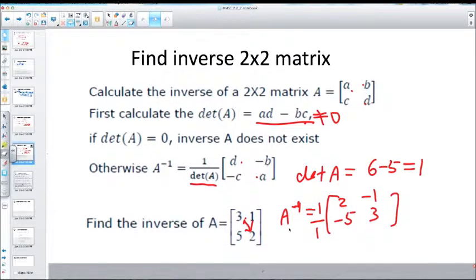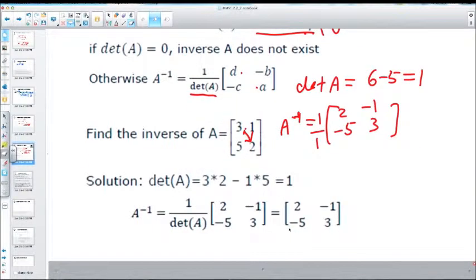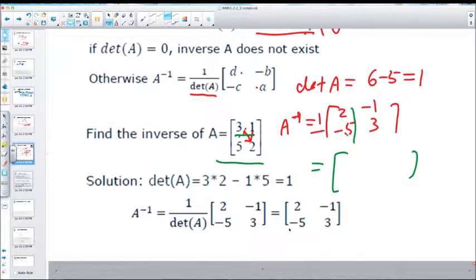Then let's check. Multiply. If you multiply this to this, 3 times 2 is 6, minus 5, you get a 1.